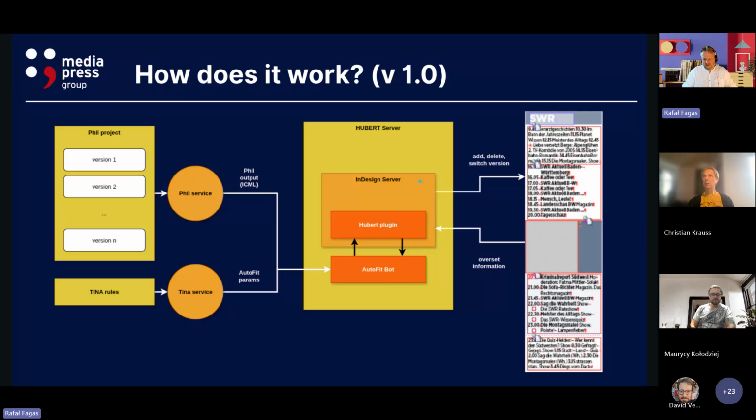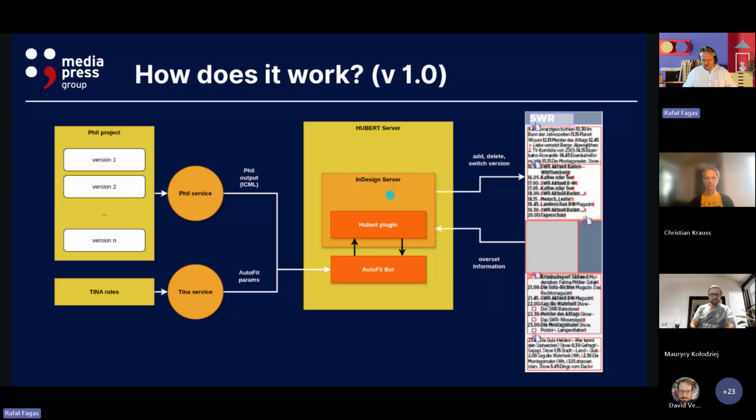On the same server runs the farm of InDesign servers. This is the headless version of InDesign, with our own Hubert plugin, which is able to automate the process for us. And AutoFit in version 1.0 was just communicating back and forth with the InDesign server, asking it to do work on the column.